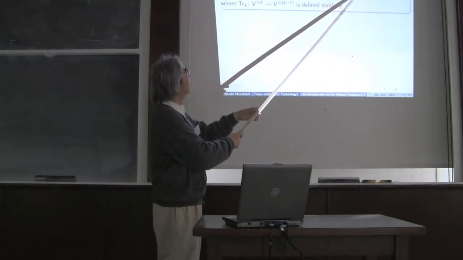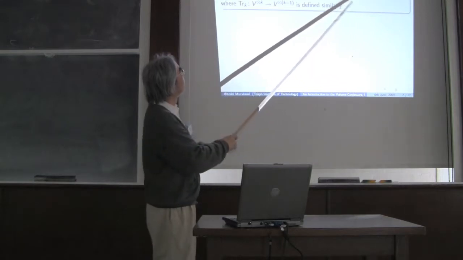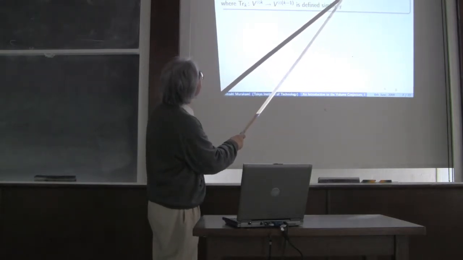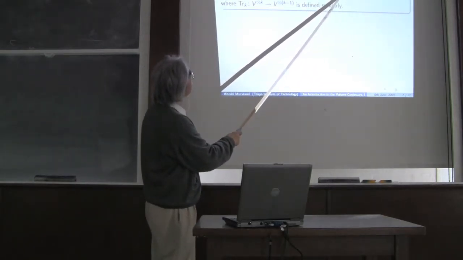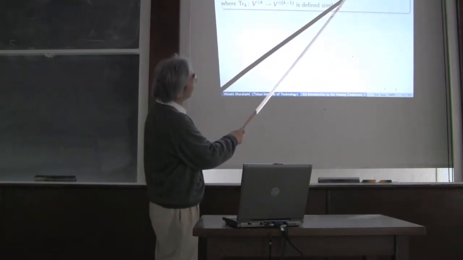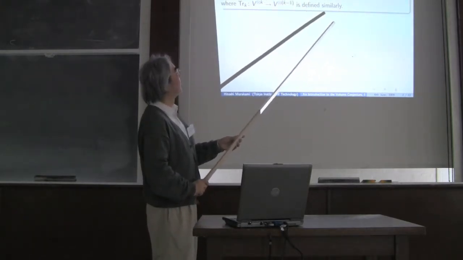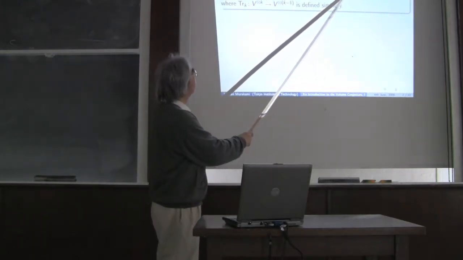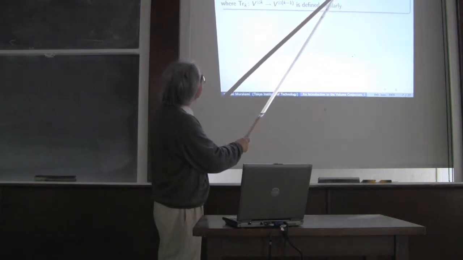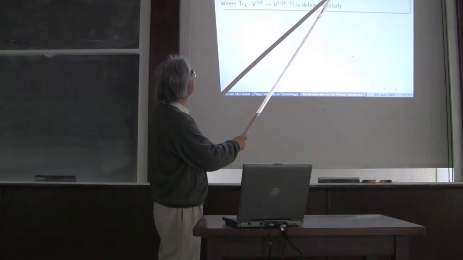We can reduce the final index, a pair of final indices, and then take trace n minus 1. Taking trace n gives you an endomorphism of the n minus 1-fold tensor of V. And then take trace n minus 1, which gives an endomorphism of the n minus 2-fold tensor of V, and so on.